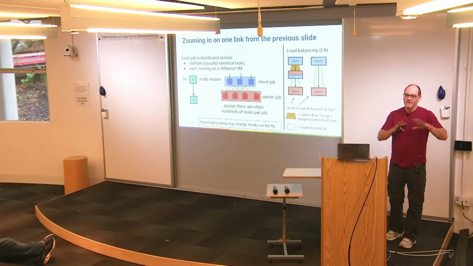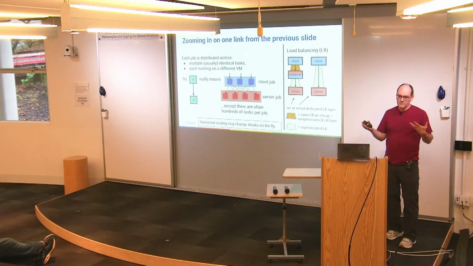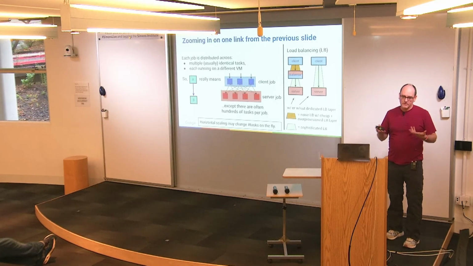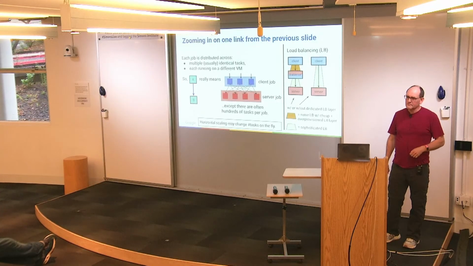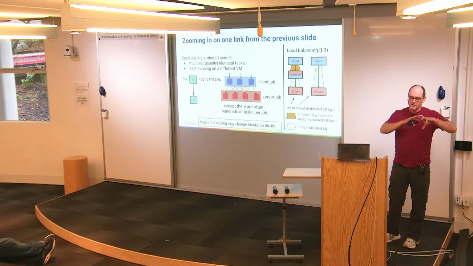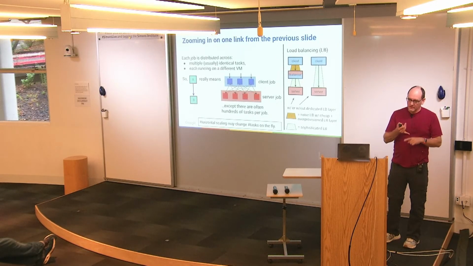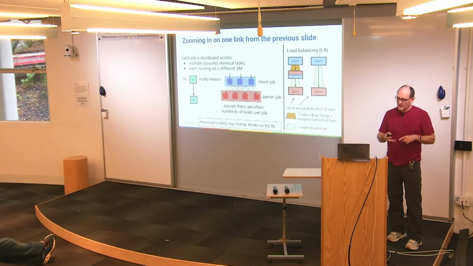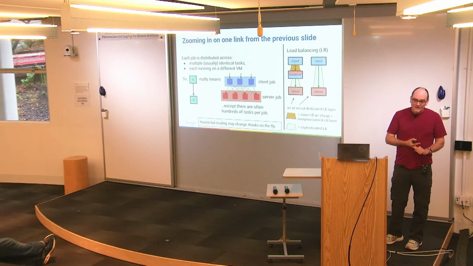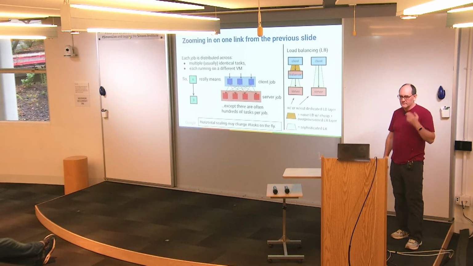And if things go wonky, it's just one less thing for them to think about. But it also just makes a lot of aspects of the system design easier to think about when they're all identical. Now, when I say they're identical, what I really mean is that in terms of the shape of the VM, they have the same allocation for memory, the same allocation for CPU, et cetera. In practice, they may not actually be identical because of noisy neighbors or other issues, but it's a good abstraction.